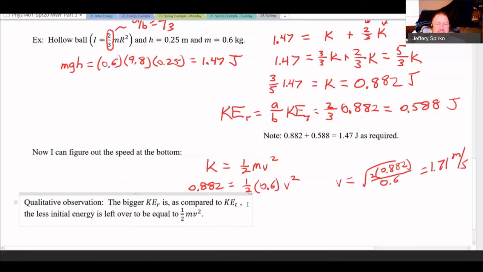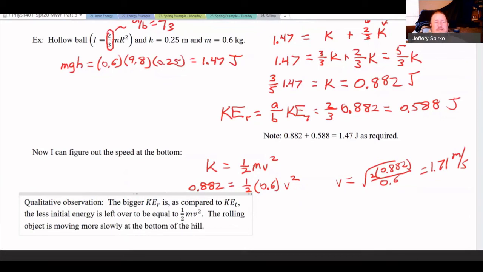In this particular case, we had 1.47 joules of initial energy, but of that, 0.588 joules were allocated to the rotational energy, and that only left 0.882 joules to be equal to 1/2 mv squared. So the rolling object ends up moving more slowly at the bottom of the hill.